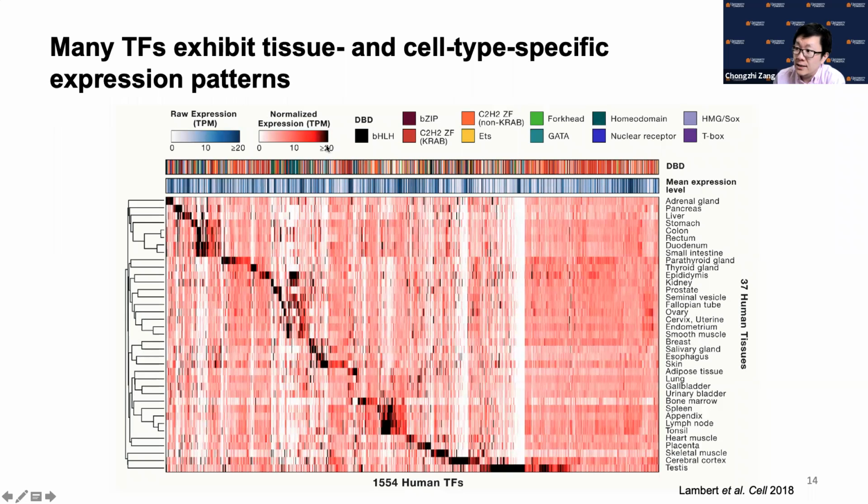And if we look at each column, we can see each transcription factor is usually only highly expressed and functional in a subset of cell types. That means the cell type specificity of the transcription factors. This cell type specificity is one of the very important determinants of the cell type specific gene expression profile that defines the cell identity.